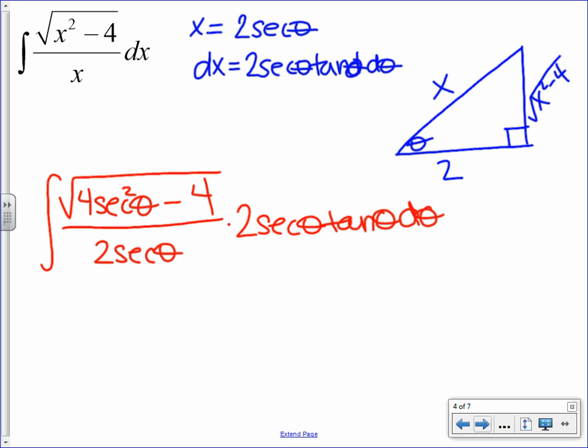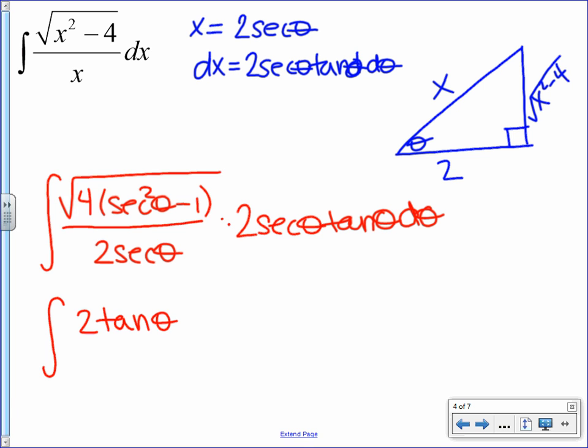Okay. All right, so let's talk about this right here. I'm going to try to save room. This is the same thing as 4 times secant squared theta minus 1. And secant squared theta minus 1 is what? Tangent squared. So let's rewrite that as 2 tangent theta.